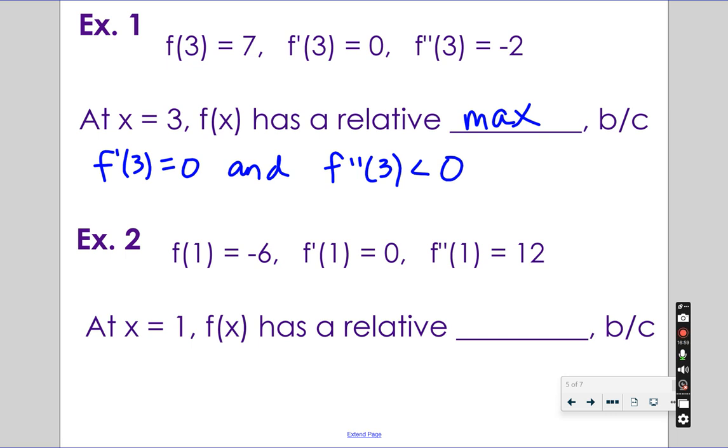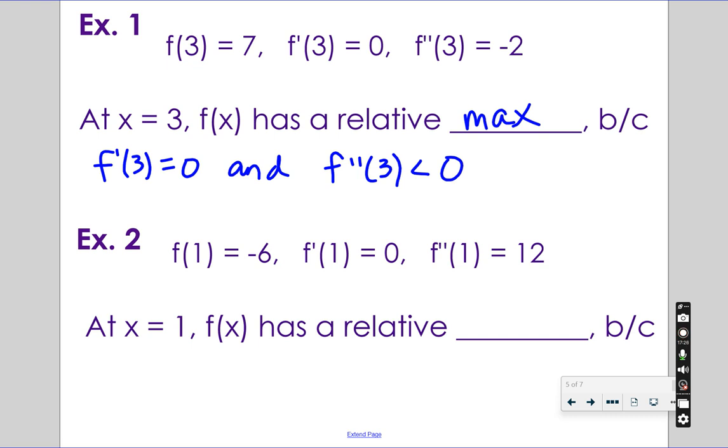Alright, so let's see if you can figure out the next one. f of 1 equals negative 6, f prime of 1 equals 0, f double prime of 1 equals 12. What is that going to give me? Is it a min or a max, or neither? This means it's one of these 2.